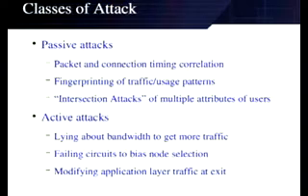The class breakdown is essentially the passive versus the active attacker. The passive attacker is going to be one who is just observing your traffic, doing things like timing correlation, as was talked about this morning in the timing panel, fingerprinting of traffic usage, doing things like trying to figure out what a fetch of a particular Wikipedia page looks like when it's encrypted and tunneled over a Tor circuit.